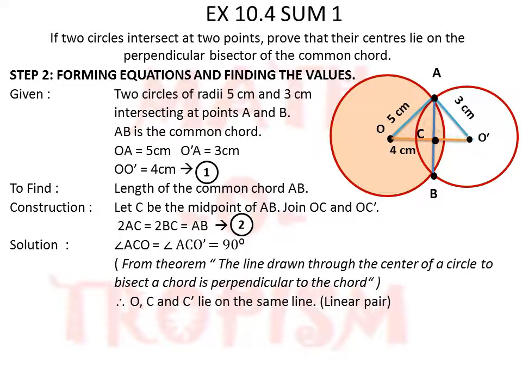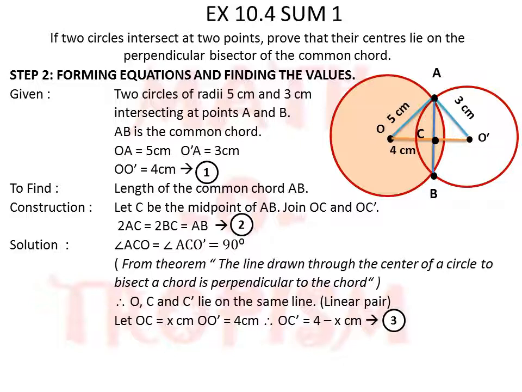So O, C and O dash lie on the same line. The distance OO dash is 4 cm and C is lying on that line. Let us consider OC to be x, and then the total distance is 4, so O dash C will be equal to 4 minus x centimeters.